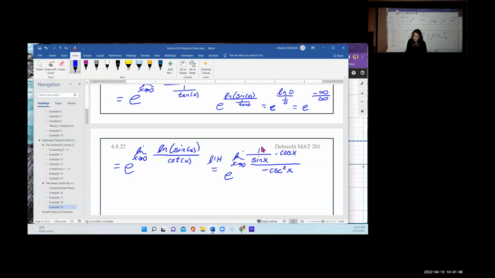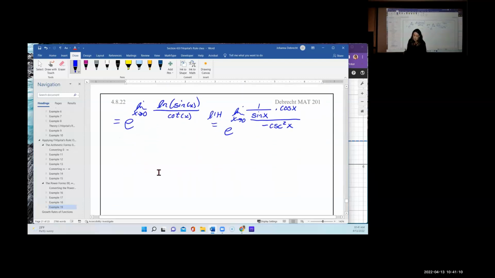All right. Now I need to do some algebra to clean this up. So I'm going to rewrite this in terms of sine and cosine. So I have e to the limit as x goes to 0 of cosine of x over sine of x over -1 over sine squared of x.